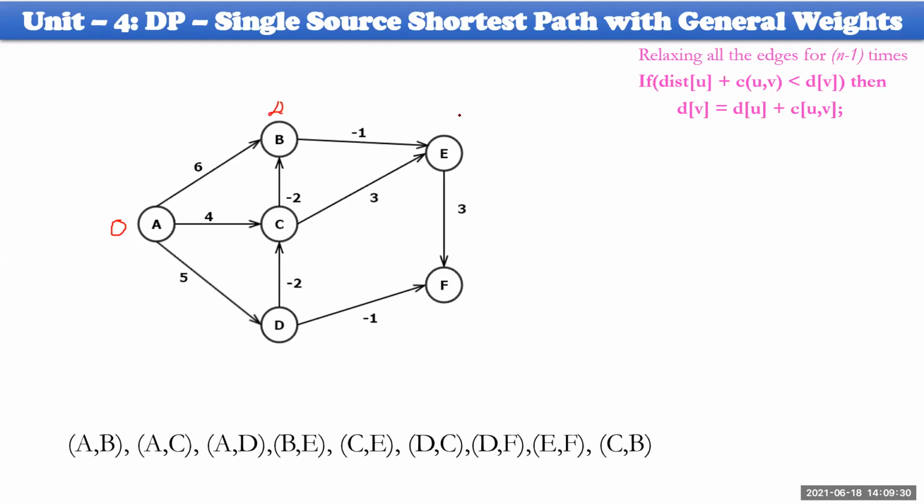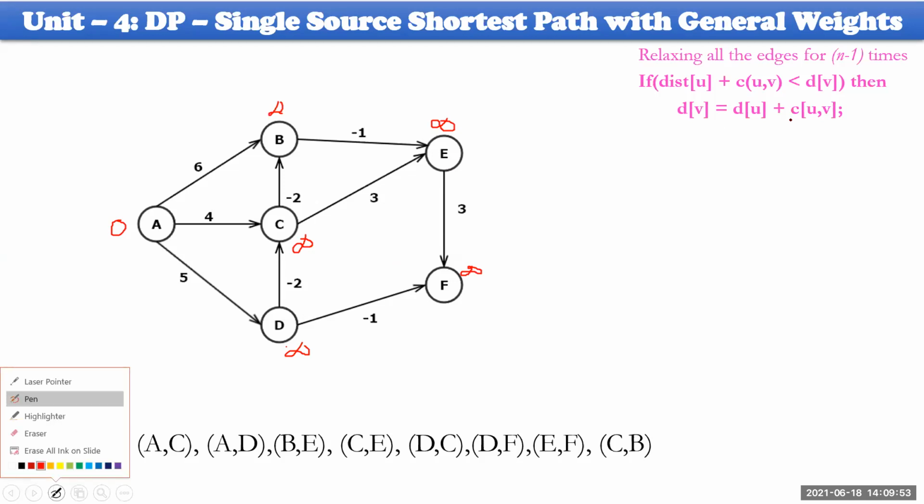The same for the others, we consider them as infinity, because we don't know the distance. So from A to B, A to C, A to D, A to E, and A to F in the initial stage. This is the starting point of the problem.